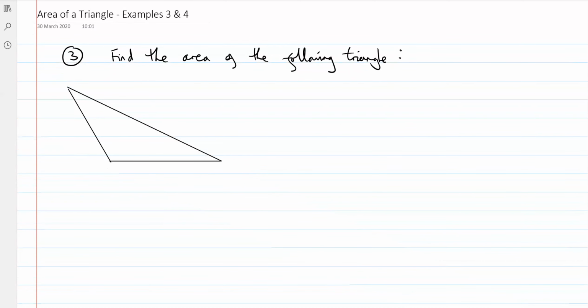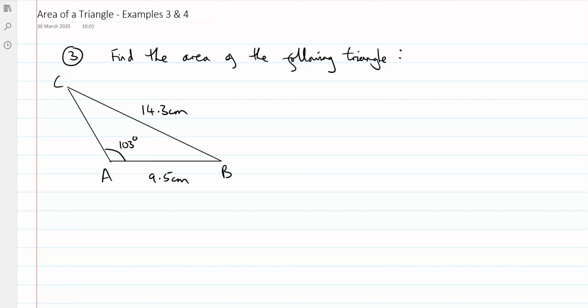We're going to have A, B, C. I'm going to give you 103 degrees here, 14.3 centimeters on this side, and 9.5 centimeters on this side.